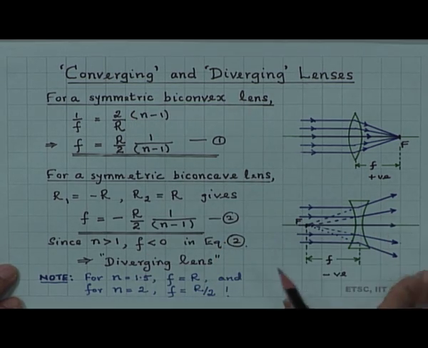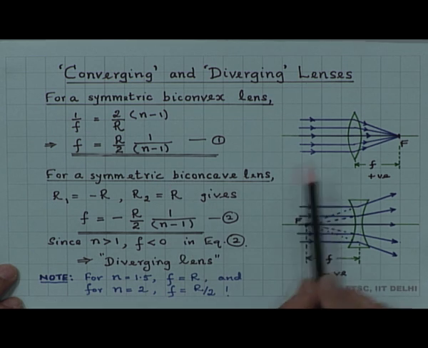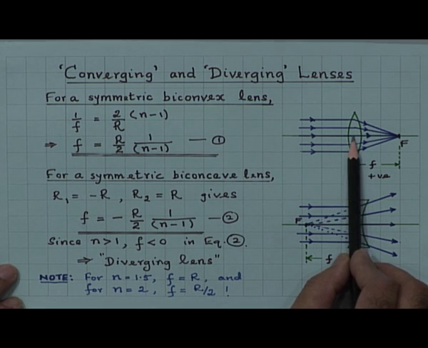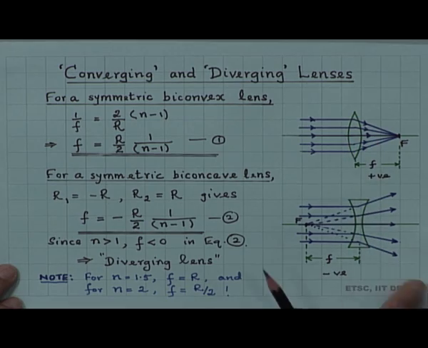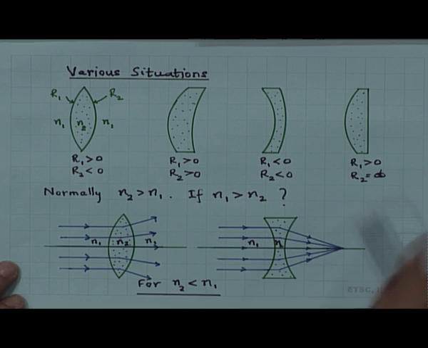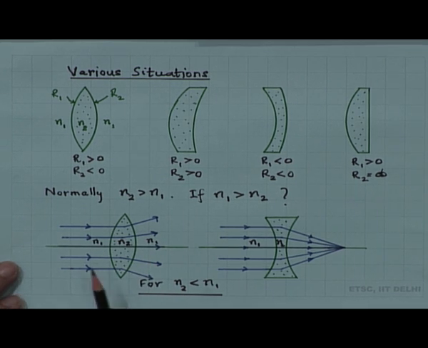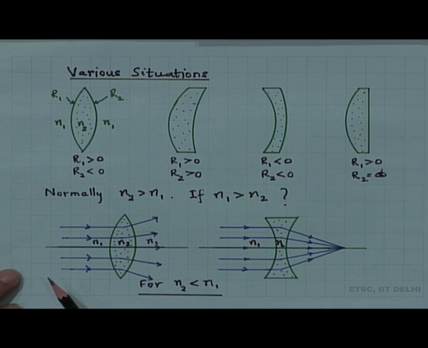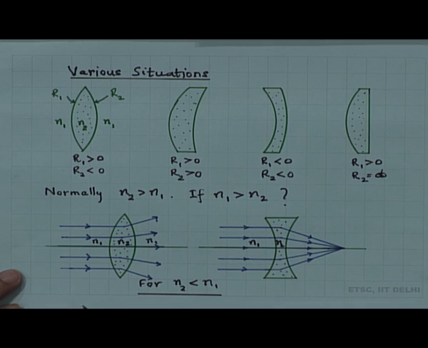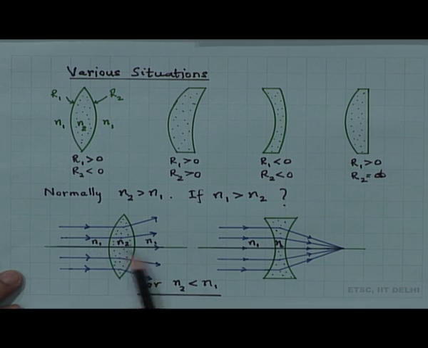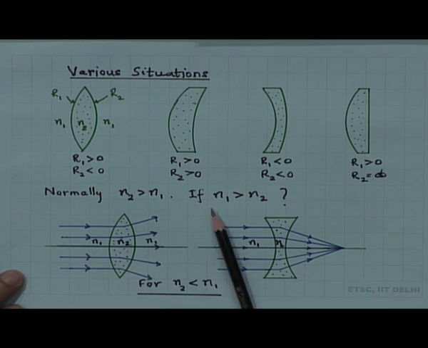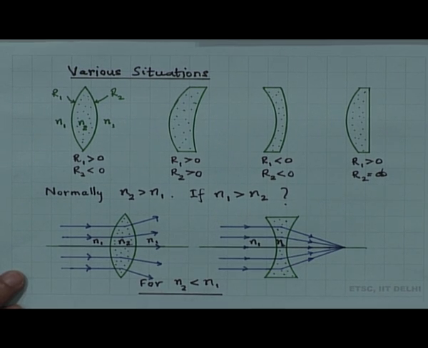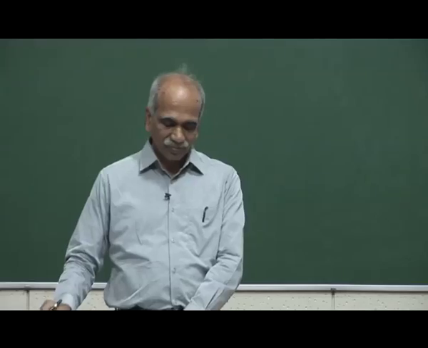But all the while we had assumed that refractive index of the lens is greater than that of the surroundings, but in the reverse case, when the refractive index of the lens is smaller than that of the surroundings, it is possible that if this is immersed in a liquid of refractive index greater than that of glass, then it is possible to have this situation, and in this case the convex lens can become a diverging lens and a concave lens can become a converging lens.